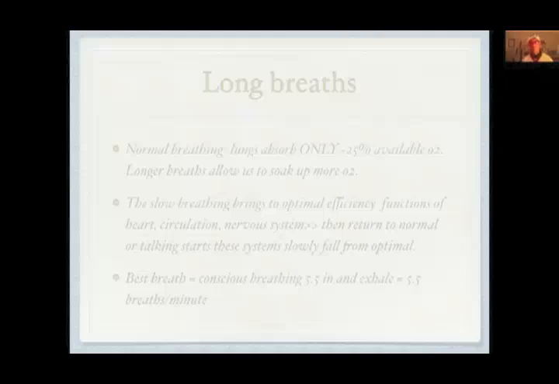All right, long breaths. Normal breathing, the lungs absorb only about approximately 25% oxygen. Longer breaths allow us to soak up more oxygen. Okay. The slow breathing brings to optimal efficiency functions of the heart, functions of the circulation, and the nervous system.